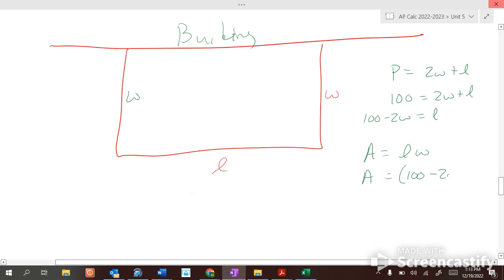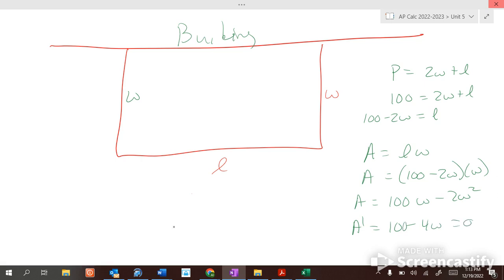So 100 minus 2w times w is your area. So your area would be 100w minus 2w squared. So if you take the first derivative of that, it'd be 100 minus 4w. If you set the first derivative equal to 0, w equals 25.